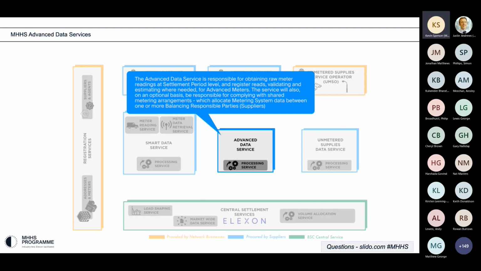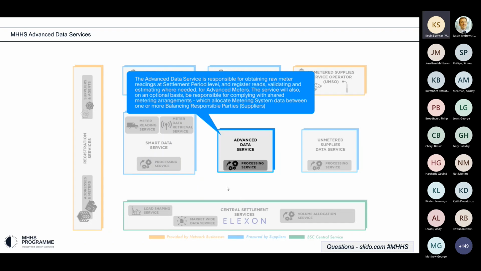And it also has a number of estimation methods depending on if it's a traditional advanced half-hourly type meter, and there are some different estimation methods if it could potentially be a domestic meter within that advanced segment, which the customer has opted out of allowing collection of its half-hourly data. So there are some estimation methods in there on how to calculate half-hourly data for those customers who have decided to opt out of provision of their half-hourly data.